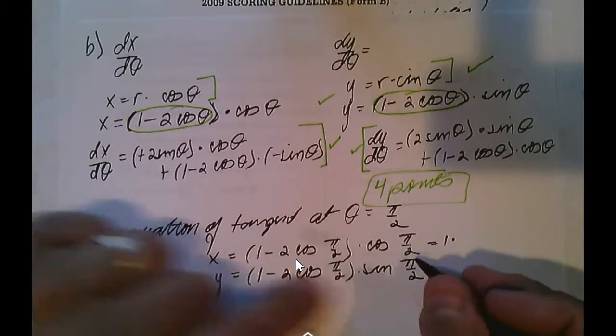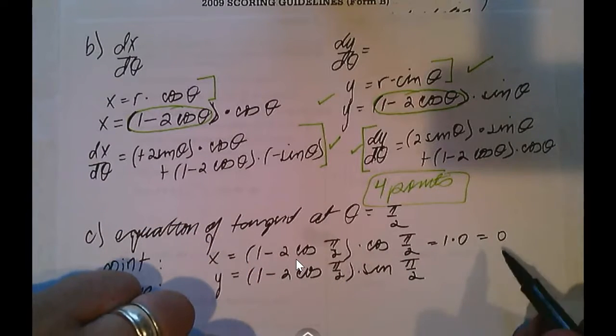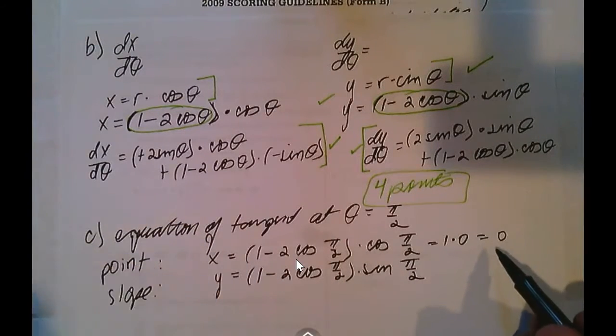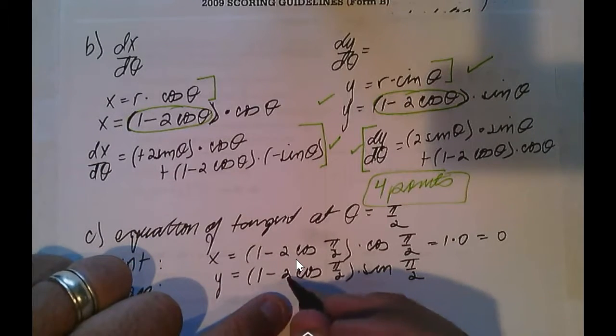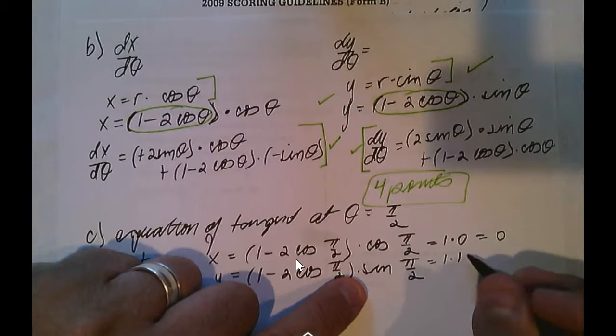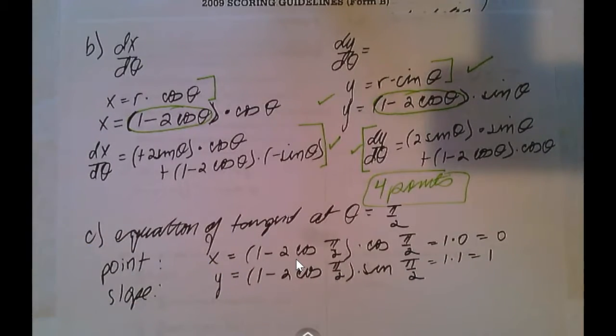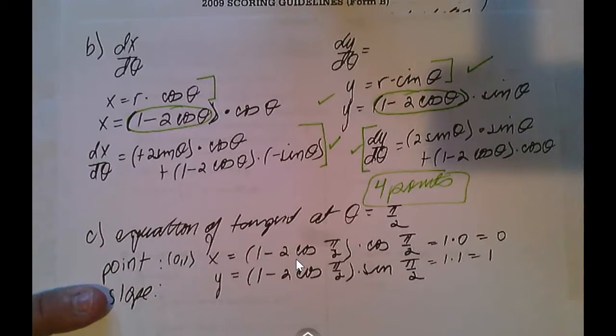We get 1 times cosine of π/2 is 0. Maybe you expected that, maybe you didn't. Cosine of π/2 is 0, times 2 is 0, 1 minus 0 is 1, times sine of π/2, you get 1 times 1, that's 1. So the point that you're interested in is (0, 1).